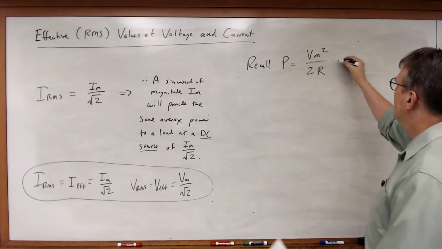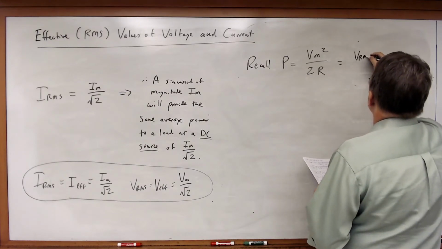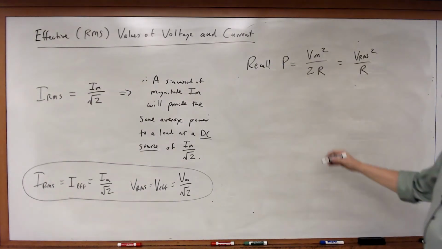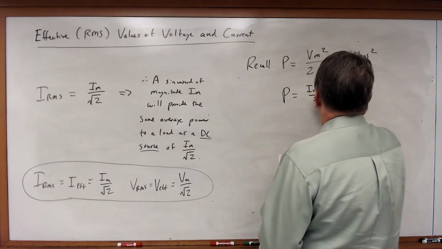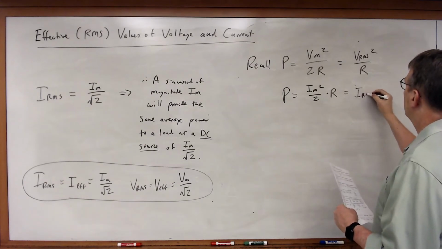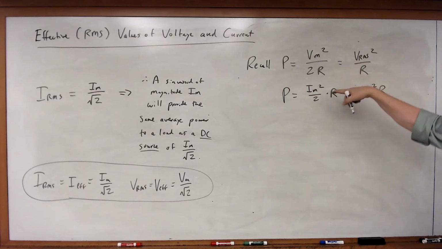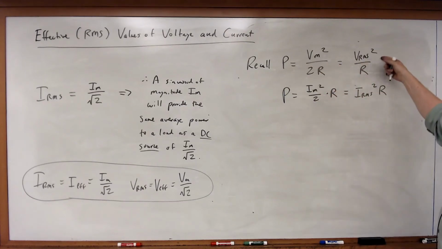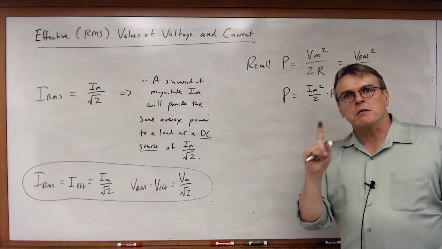In other words, this must be equal to Vrms squared over R. And P is equal to Im squared over 2 times R, which means that'll be equal to IRMS squared times R. It's very nice. That 1/2 term disappears. Now our AC and our DC power equations look the same as long as we're using RMS values.